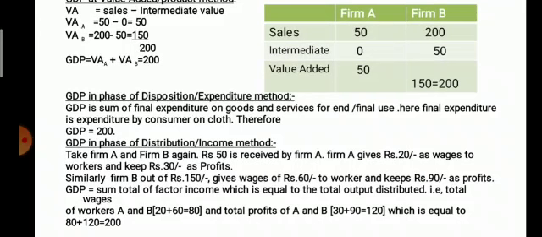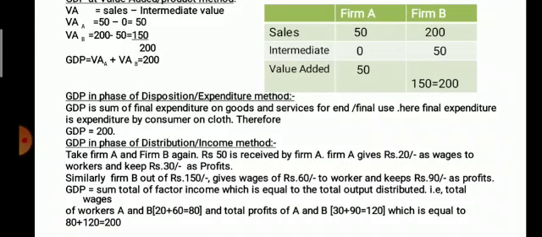Then firm A gives rupees 20 as wages to the workers and keeps 30 as profits. Out of the total 50 received, firm A gives 20 rupees as wages to the worker and keeps 30 as profits for itself.